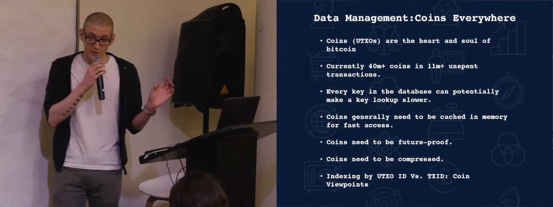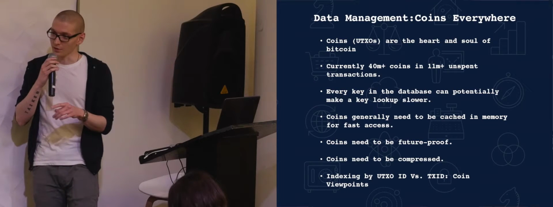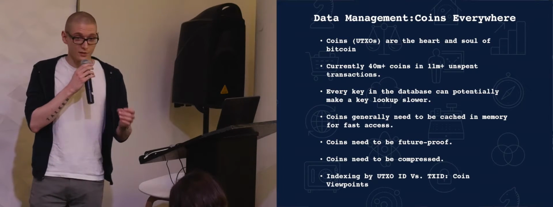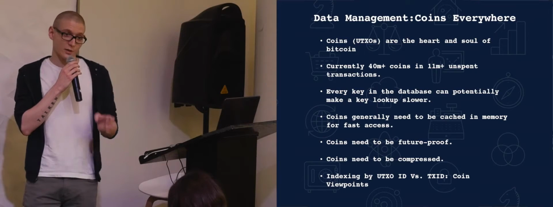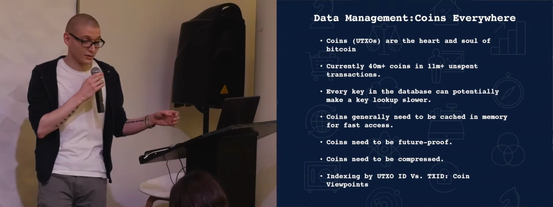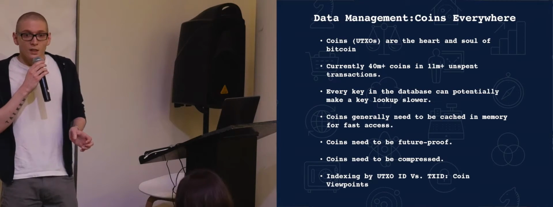The other way to do it is to store it by transaction ID. This is actually a really cool thing about Bitcoin not too many people know about, which is why I wanted to share it with you. There's actually a fundamental primitive data structure used internally in implementations of Bitcoin that is a coin serialization.